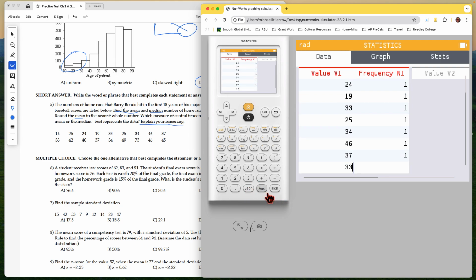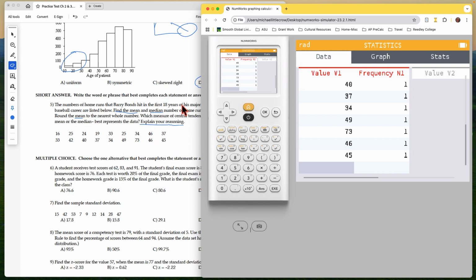33, 33, 42, 40, 37, 34, 49, 73, 46, 45. And we'll remember, we see there's 2, 4, 6, 8, 10, 12, 14, 16, 18.